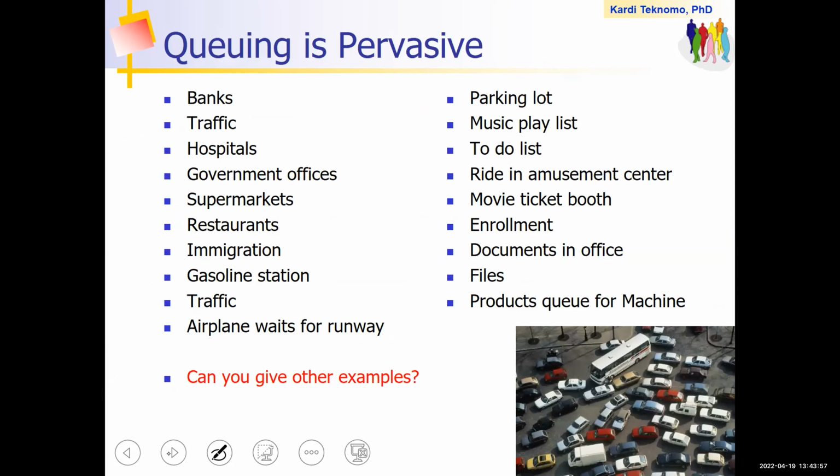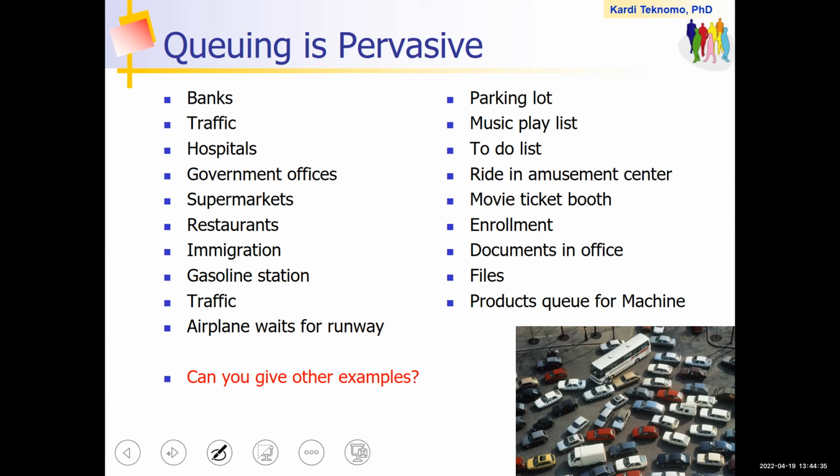So queuing is actually a pervasive phenomenon. In the bank you will queue, right? In traffic itself you will queue. In hospital you queue, in government offices, supermarkets. In fact, queuing is not just for humans. The music will play in the list, like a music box. That is actual queuing. You create a to-do list.